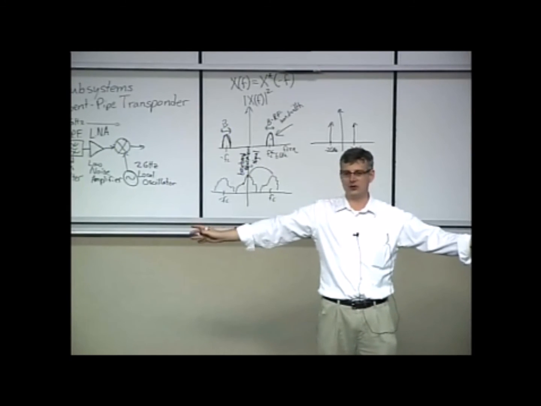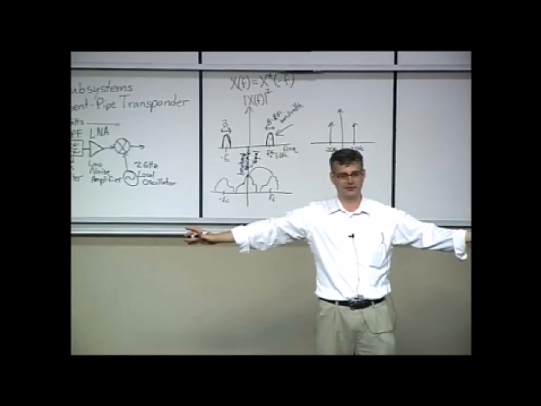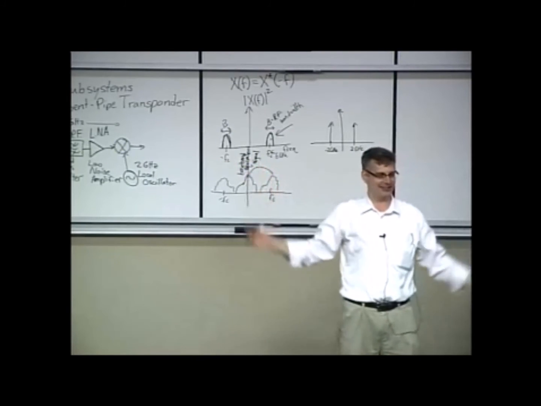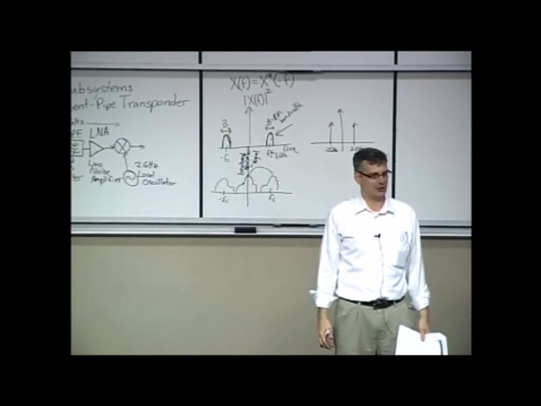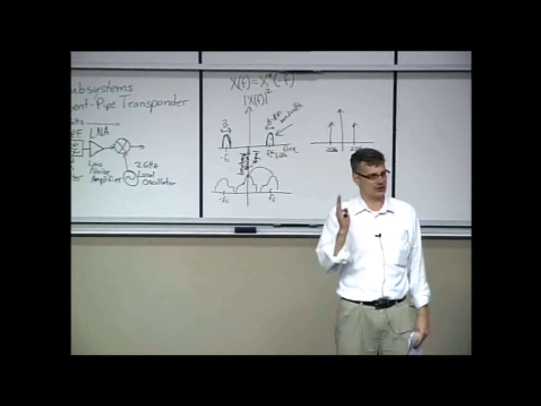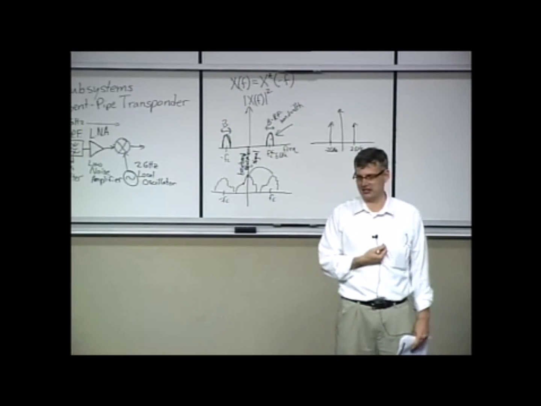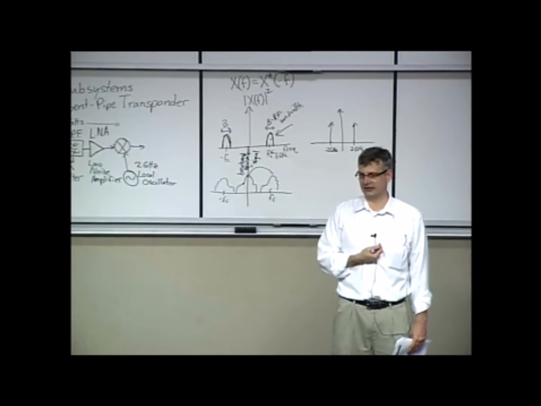All you need to do is multiplication, because if you take the Fourier transform of your input and your impulse response and multiply them together, you get the output. So the Fourier transform turns convolution in the time domain into multiplication in the frequency domain.